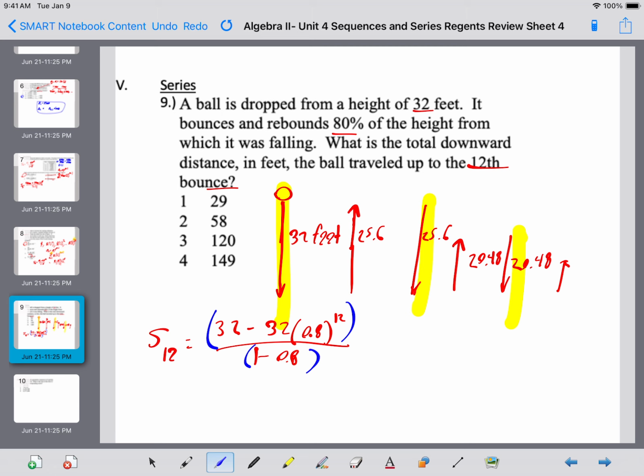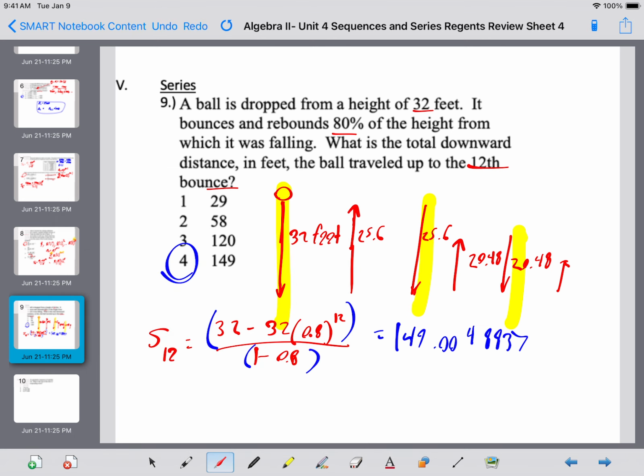If you're putting the whole thing in your calculator at once, 32 minus 32 times 0.8 to the 12 divided by 1 minus 0.8. You end up getting 149.00488837, so it's about 149.